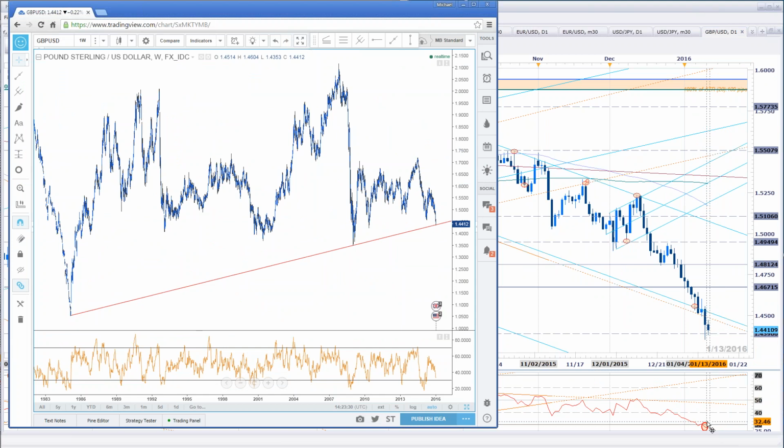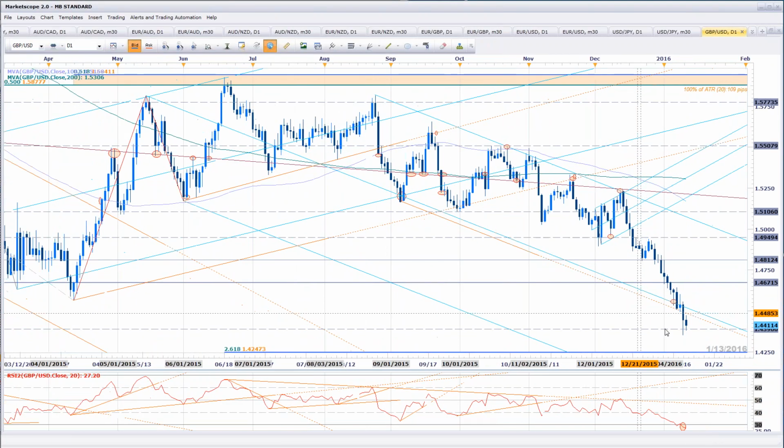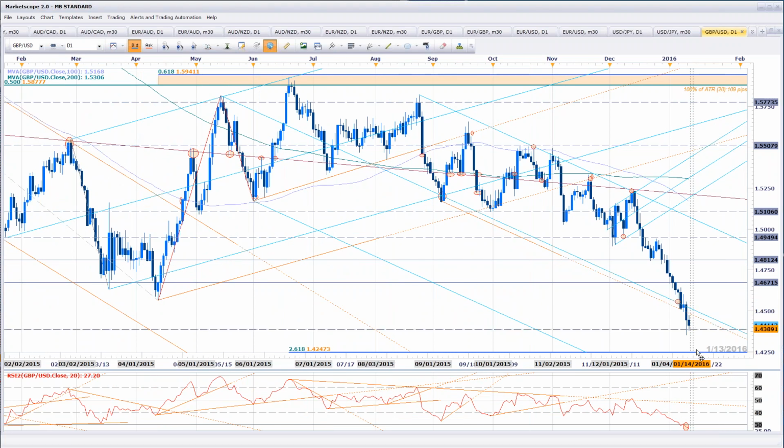So although we're coming to support in price, momentum looks pretty bleak. So I just don't have it in me right now to try to fight that trend. My personal humble opinion is I do think you see some sort of rebound off that line. Maybe it rips a little bit lower into that 142 region to shake out all those hands before it surges higher. Typical classical thing to do with the sterling.